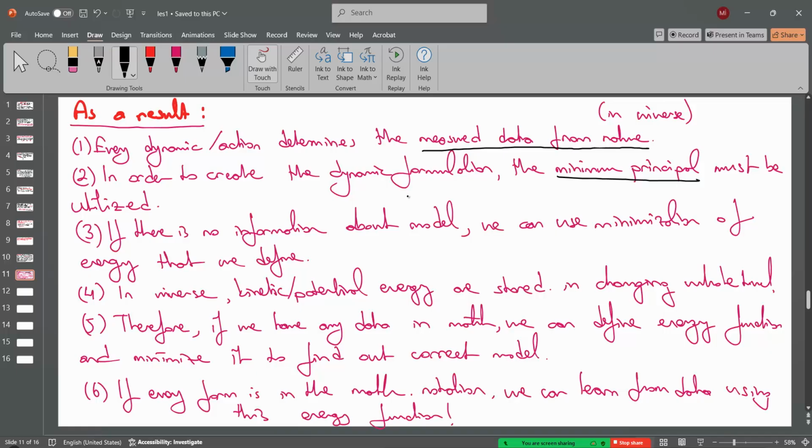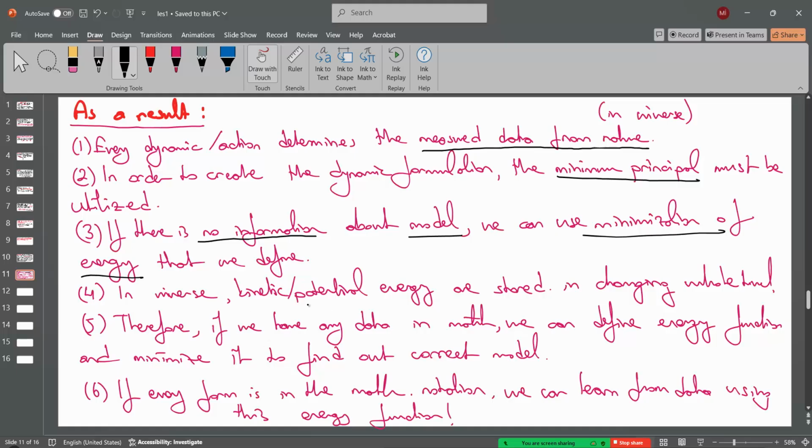Otherwise our physics is wrong, right? And if there is no information about the model, we can use the minimization of the energy, because the Euler-Lagrange equation gives us two ways to derive the dynamic system, even if it is dependent on time, right?